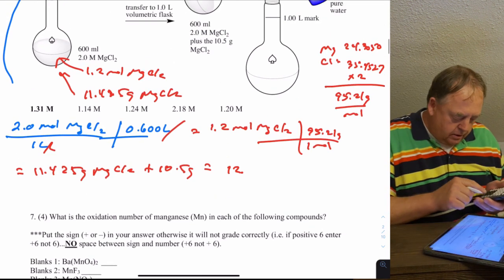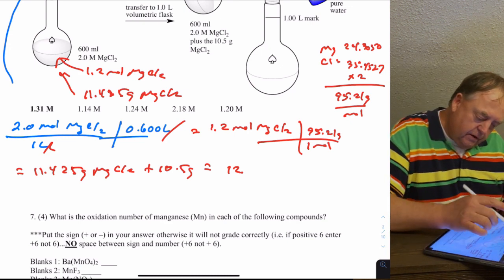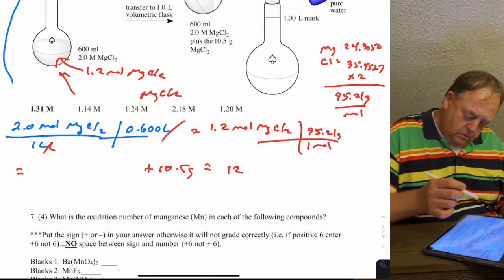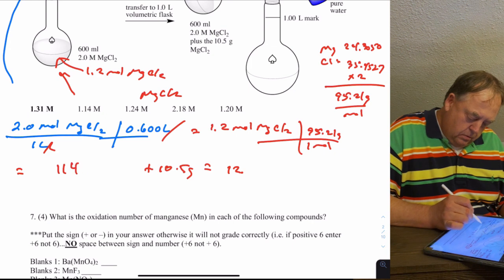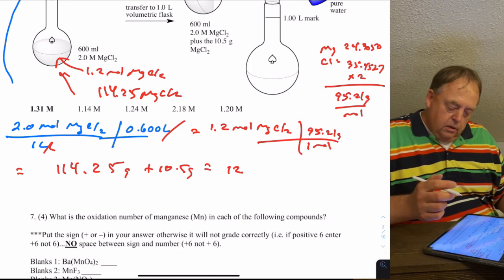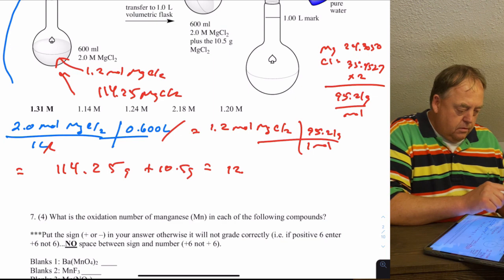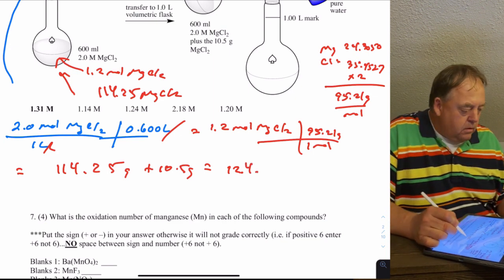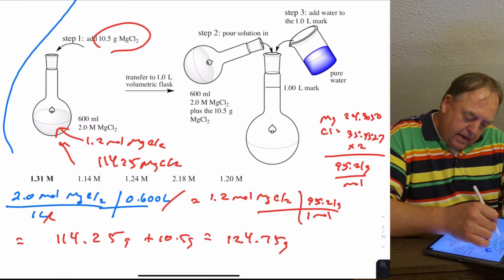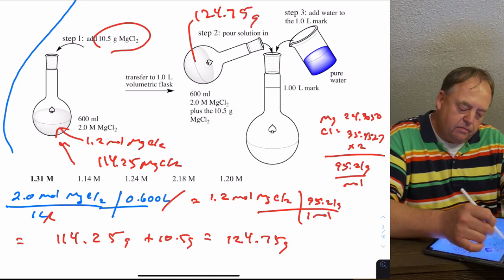Let me do this, yeah, 95.21 times 1.2, sorry, 114.25. And then you add 10.5 grams to that. So now then in this flask, there's 124.75 grams of magnesium chloride.